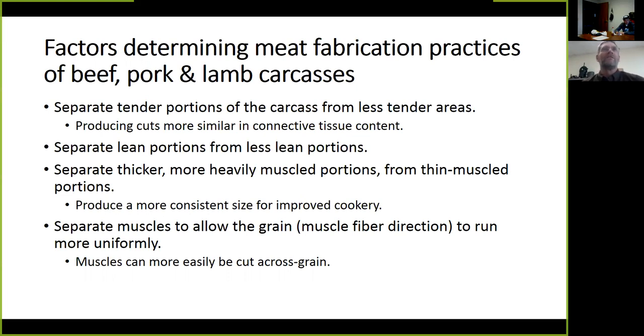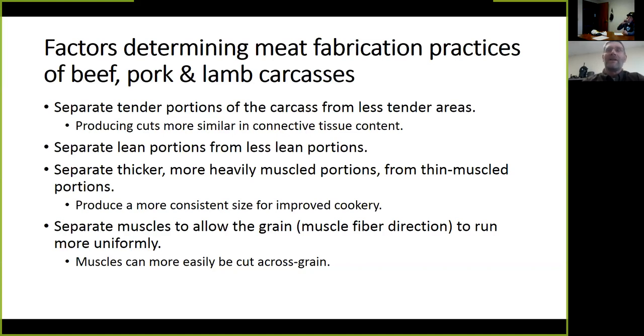Another factor determining how we fabricate carcasses is to separate the lean portions from the less lean portions. Sometimes we might cook the fatty portions differently, or in the case of beef, the fatty and the tougher portions we would grind into ground beef.